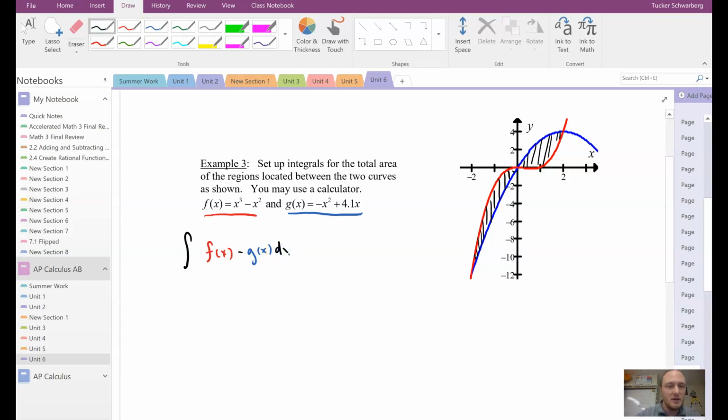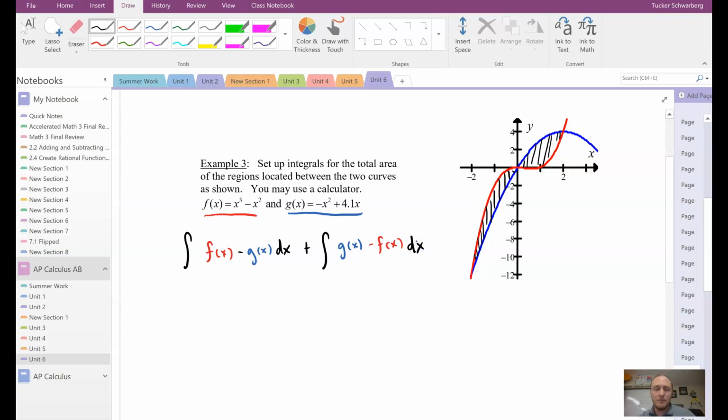Plus, I'm going to add the other area. Over here, notice on this side that g of x is on top, the blue curve is on top, so that's g of x minus f of x dx. Okay, and that's the integral that we're going to set up in our calculator.